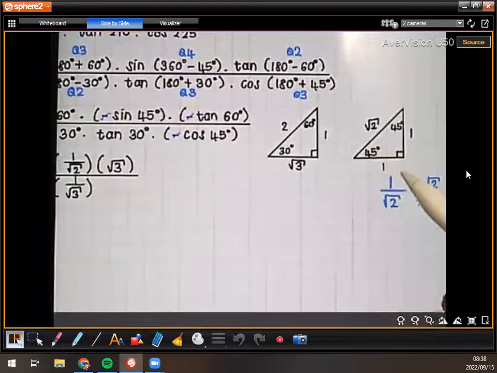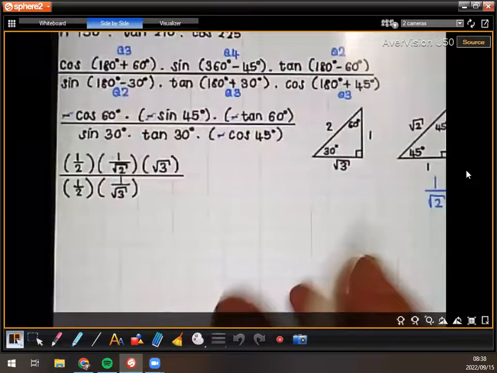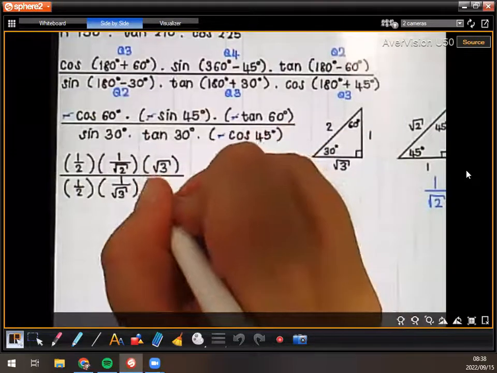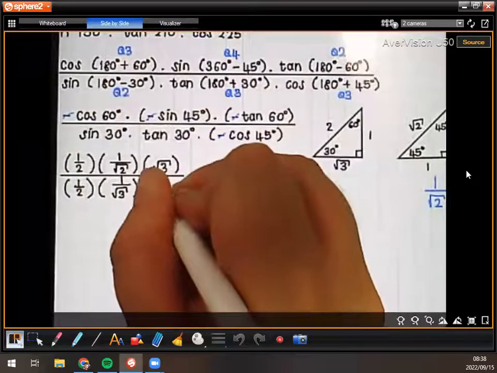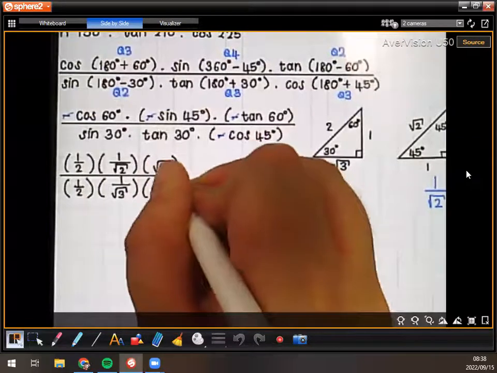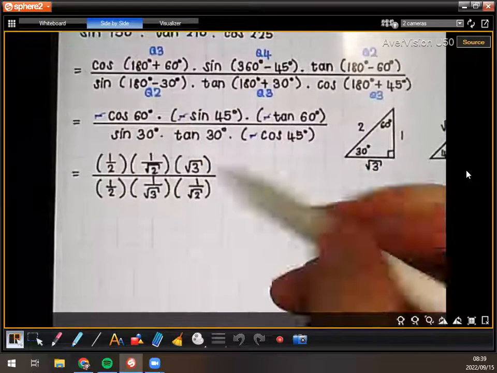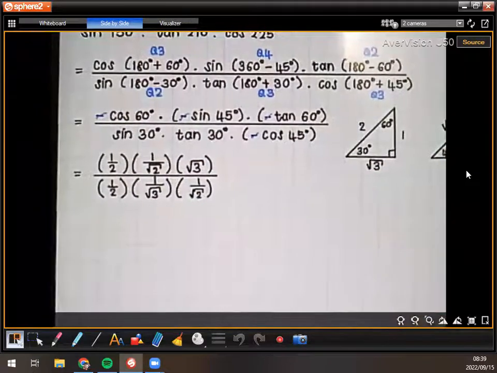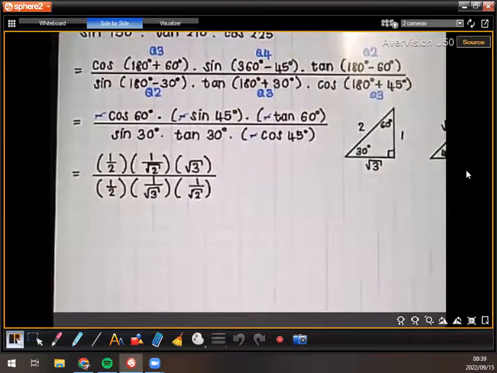Remember, cos is adjacent over hypotenuse. So also 1/√2. Now guys, again, we see that sine 45 and cos 45 will be equal. Again, those two are co-ratios, right? Because 45 plus 45 is 90. Okay, so they are actually equal.